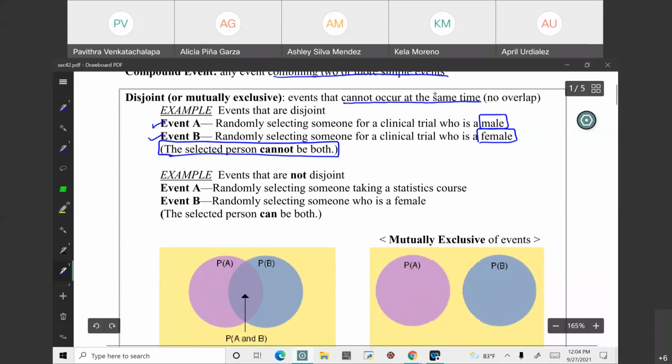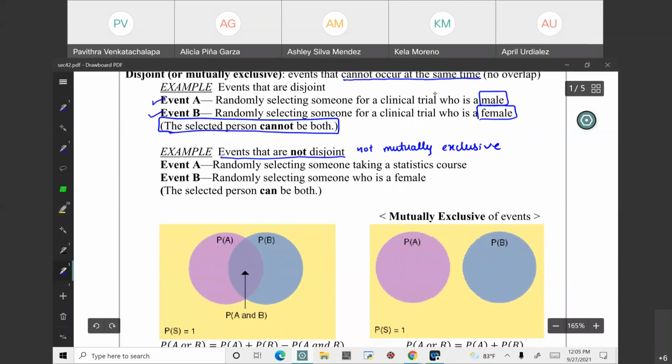Okay. Now events that are not disjoint are called as not mutually exclusive. So if I choose someone from the statistics class, that could be a female also, right? There is no restriction that it cannot be a female.